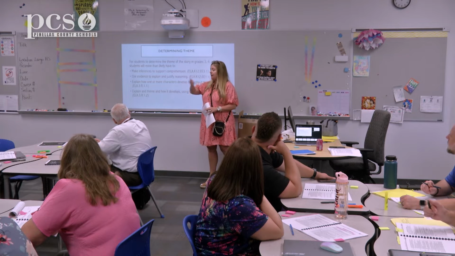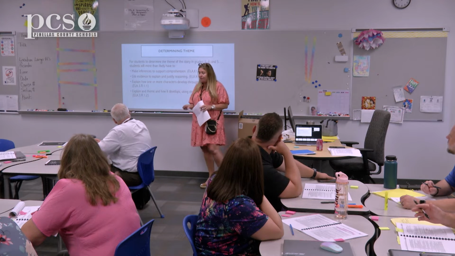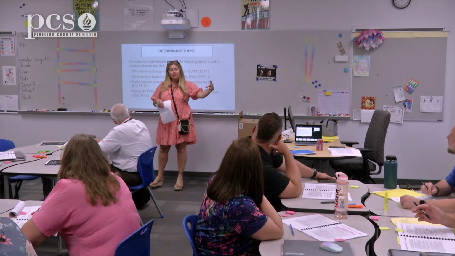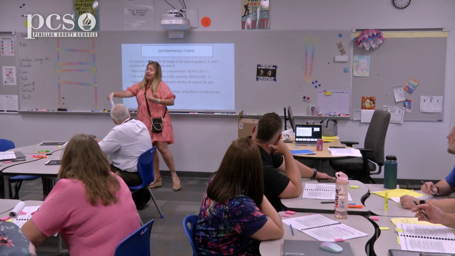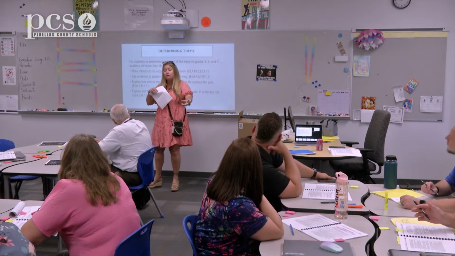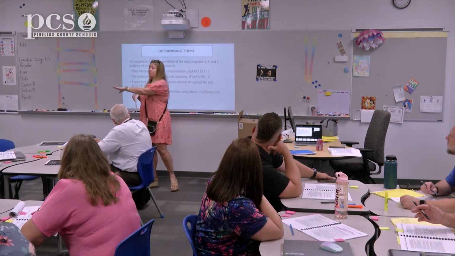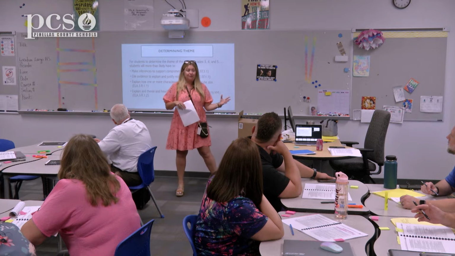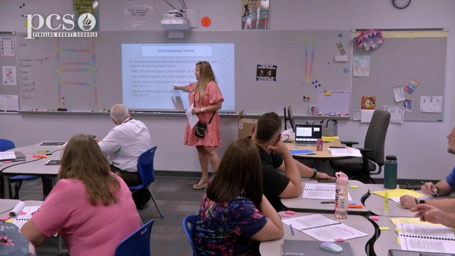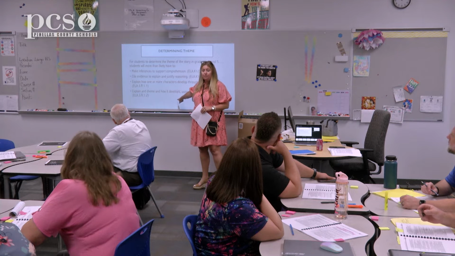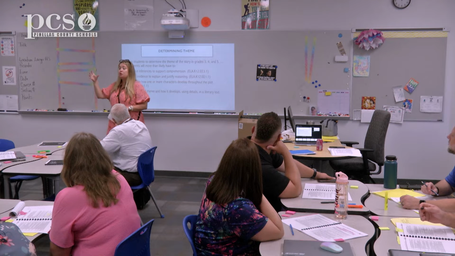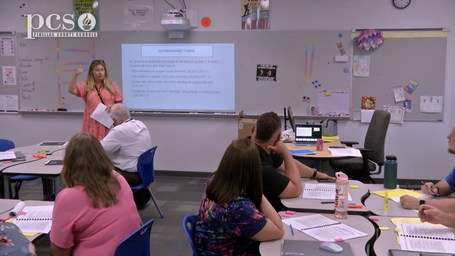Let's all wrap our heads around that. We have to be able to trace a character and the development of the character and how the character interacts with other characters and solves their problems or doesn't solve their problems from the beginning all the way to the end. It's critical in order to figure out the theme. A short example, because a lot of you know the book Those Shoes. Who knows the book Those Shoes?